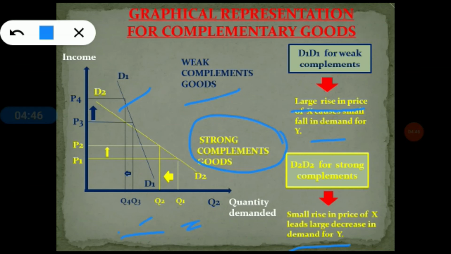So that means a small rise in price leads to a large change in quantity demanded for the particular product, that is Y. And again it is proved from the graphical representation also. So now we are moving to the next slide.